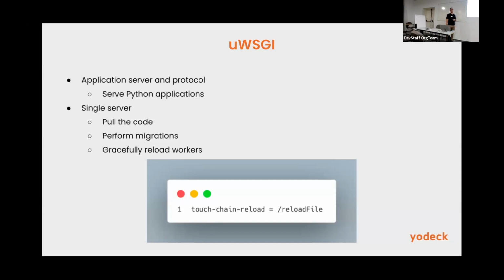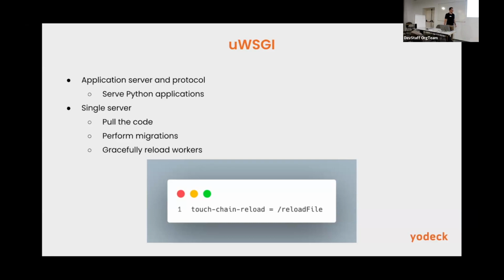So we didn't have any containers. Someone had to actually go to the server, do the git pull, and then do all the migrations and the chain reloading that we saw here.